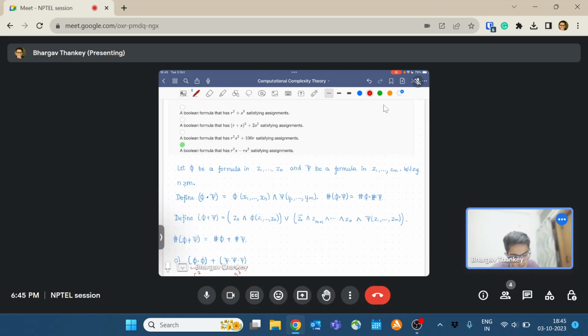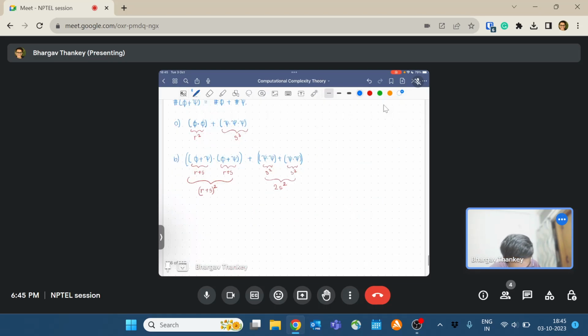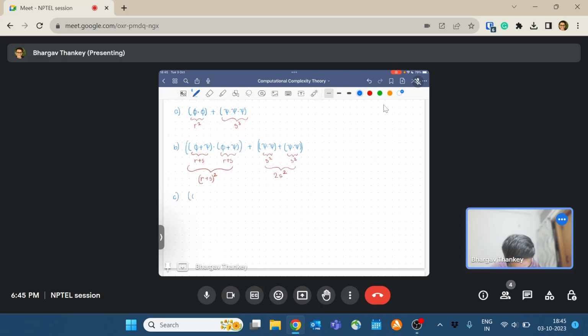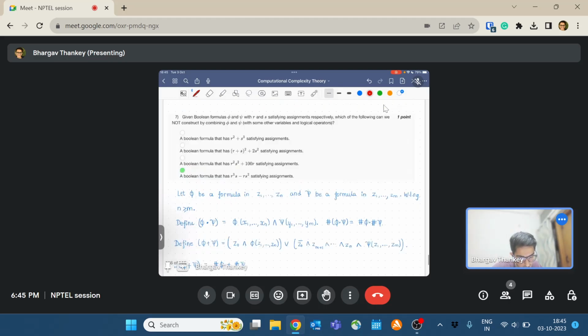And what about R square S square plus 100R? It's similar, but this time I won't write the entire thing. So it's R square times S square: 5 times 5 times psi times psi, because this is R square. Then what about 100 R?